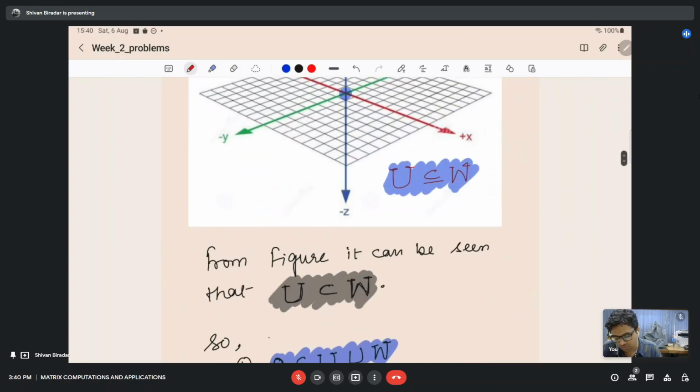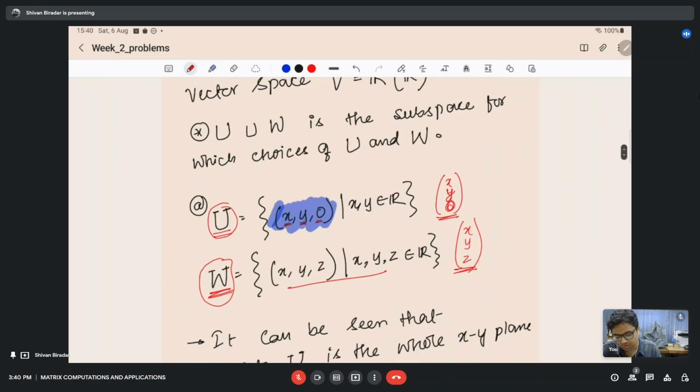So for this choice of U and W, taking the union of these two subspaces, we get a subspace.